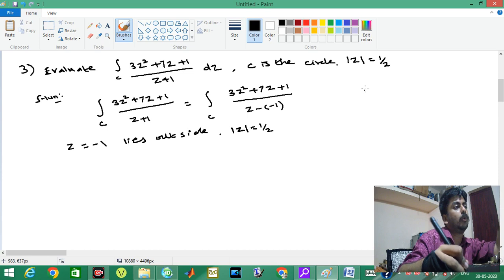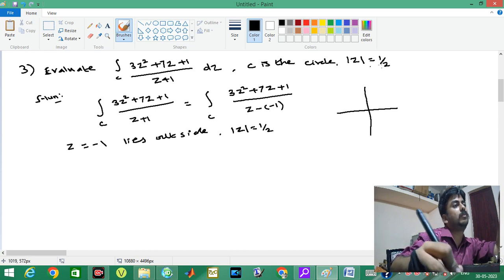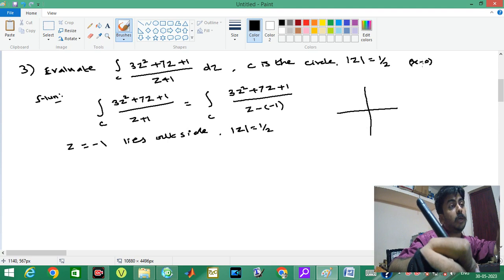Why? If I draw the circle, modulus of z means it is x minus 0 whole square plus y minus 0 whole square equal to 1 by 2 square, that is r square. I have already explained how I get this equation. So you have to watch the first problem if you want to know why I am writing this.